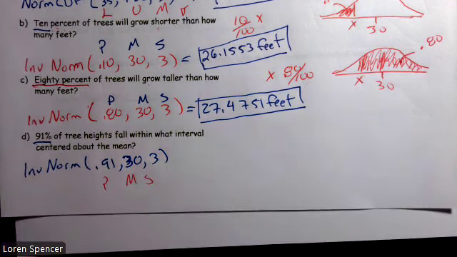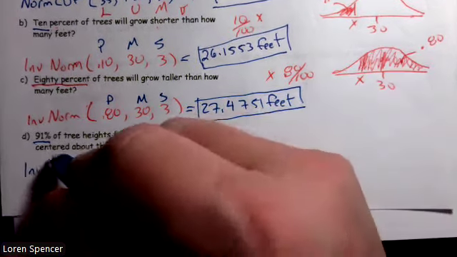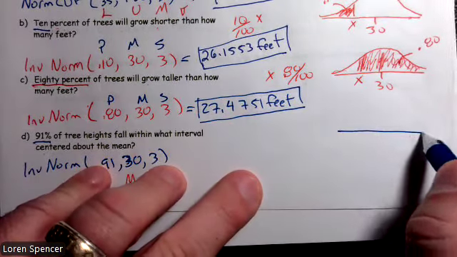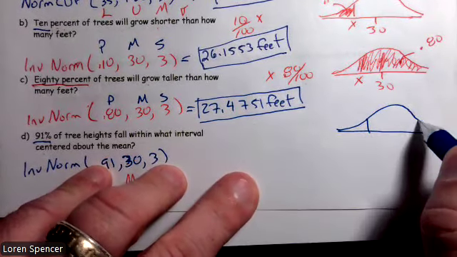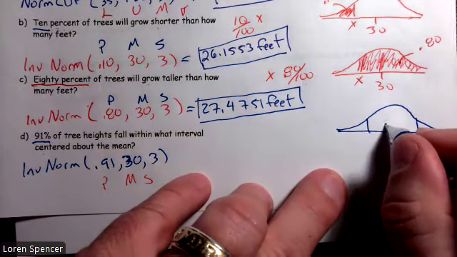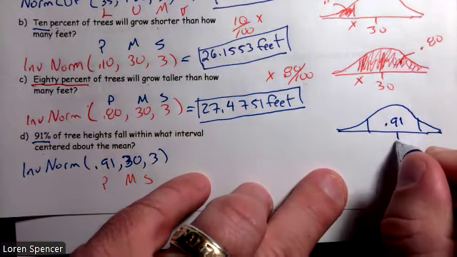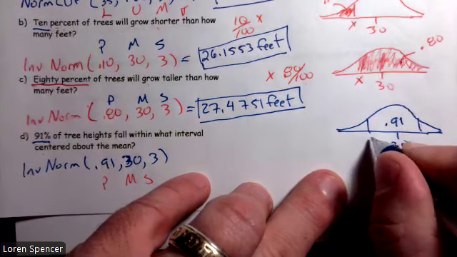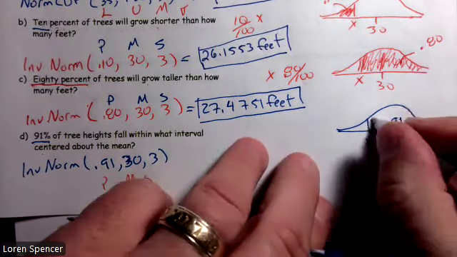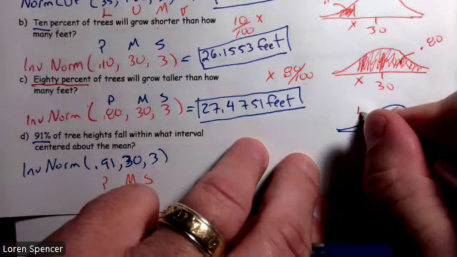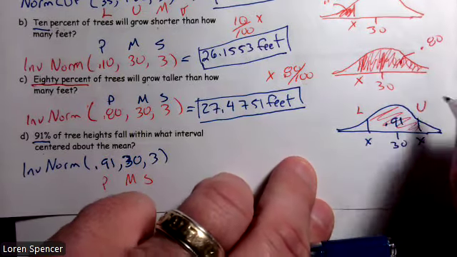But we need to draw a picture of this. Now, this picture, we're centered. When we're centered, this is 0.91, mean of 30. And I'm looking for an X here and an X there because I want this part right here. So this is my lower bound and my upper bound.